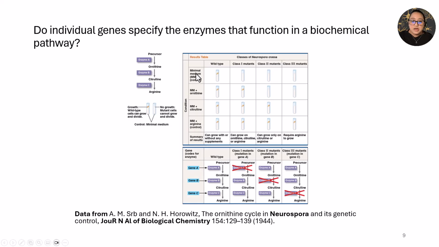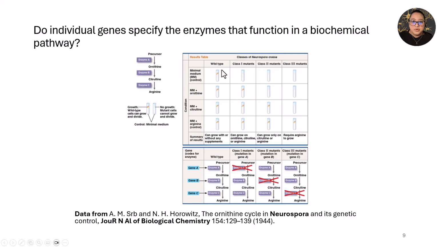And so here are visuals of the different groups that they did to figure out which enzyme is missing in this pathway to end up making arginine. Because again, there were 3 different classes that couldn't make arginine on their own, but it might have been for different reasons. And it turned out to be true.